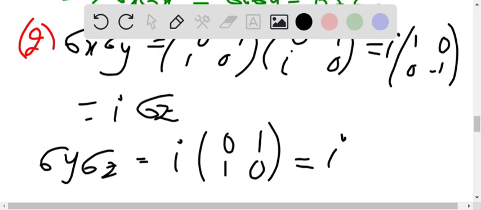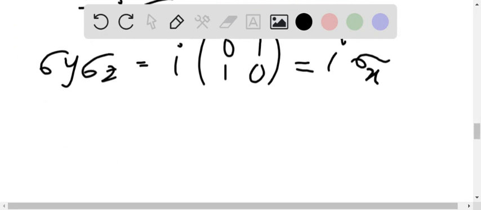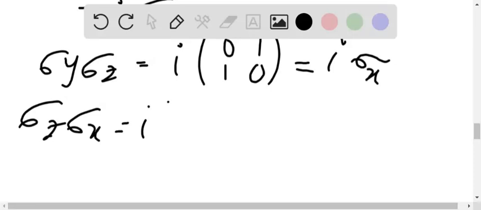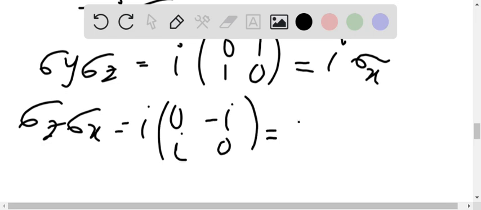That is equal to i sigma x. Next, we are going to multiply sigma z with sigma x. When we solve it just like we solved the first one, we'll get that it is equal to i [0, -i; i, 0], and this is equal to i sigma y.